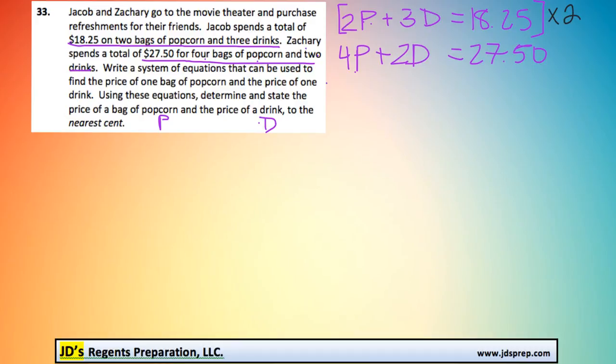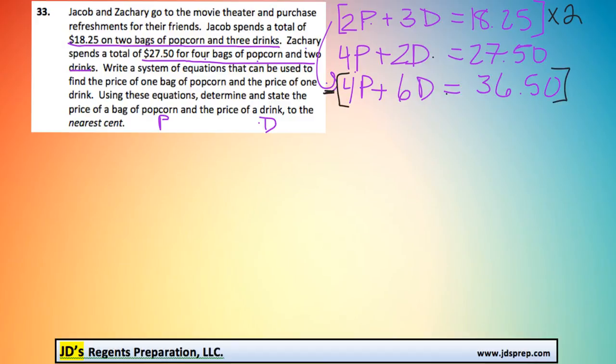That gets us 4P plus 6D, that's 3 times 2, equals $18.25 times 2, which is $36.50.